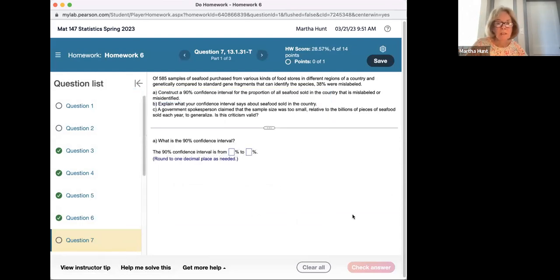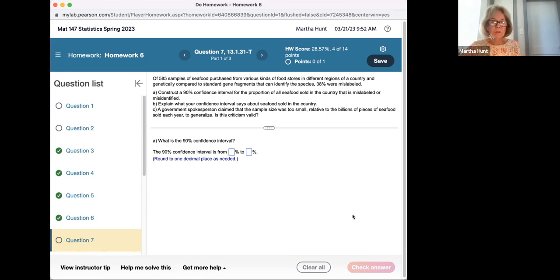Okay. So now we have 585 samples of seafood from various stores in different regions of the country, genetically compared. Some of them were mislabeled. In that sample, 38% were mislabeled. Construct a 90% confidence interval for the proportion mislabeled.